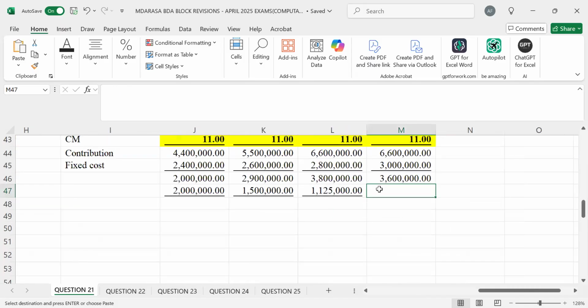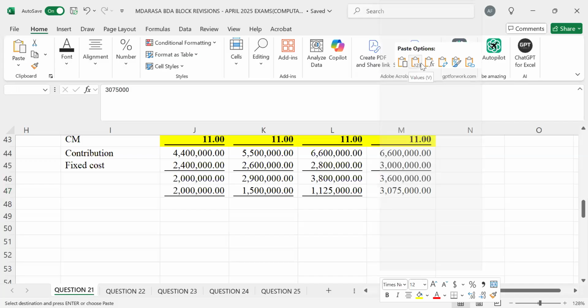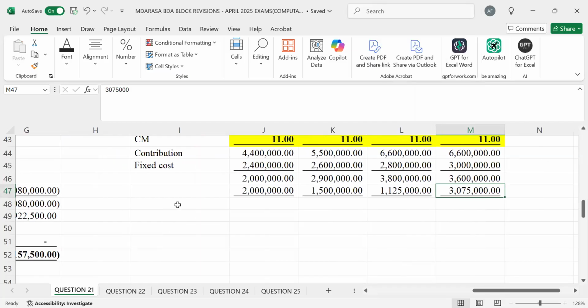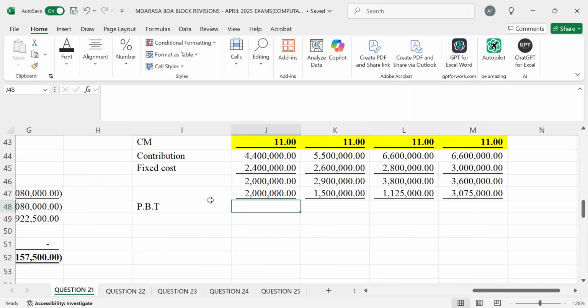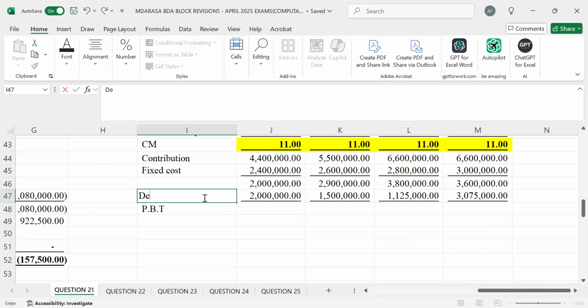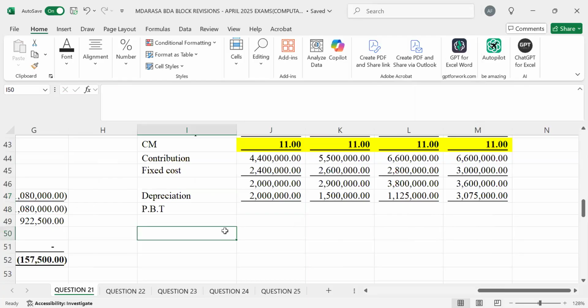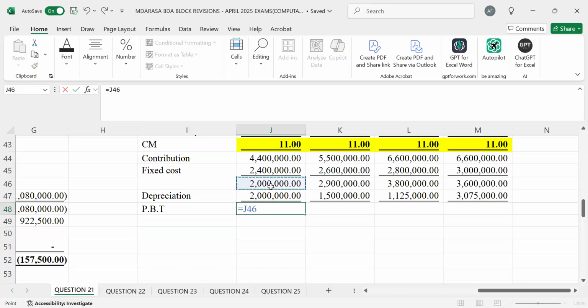Come and have it here, so that you determine your profit before tax. So this is depreciation, so that we have it at this point.